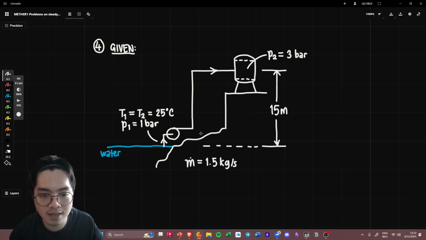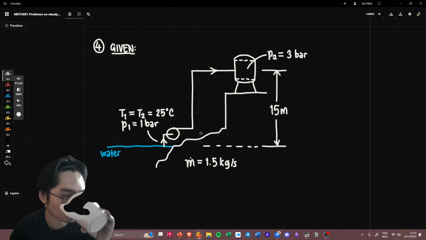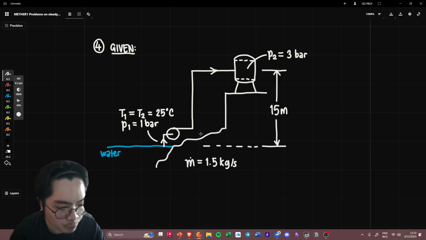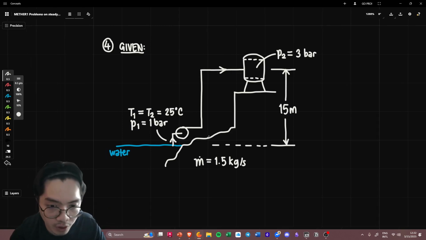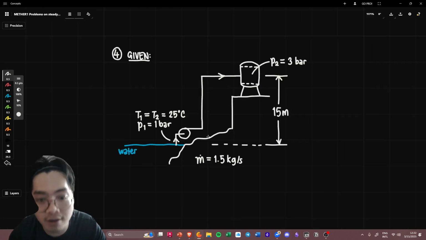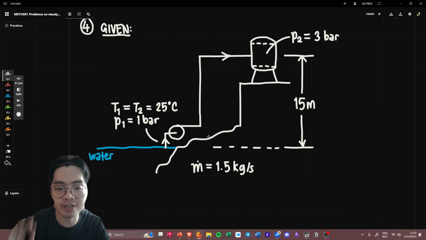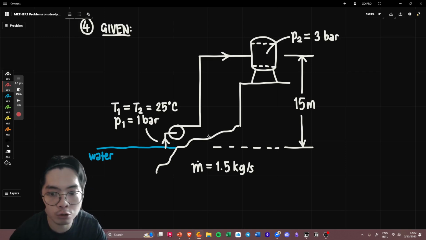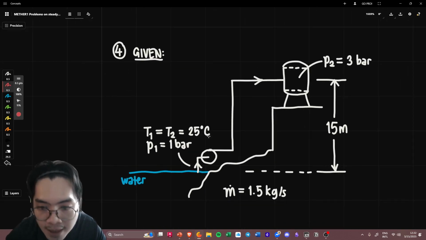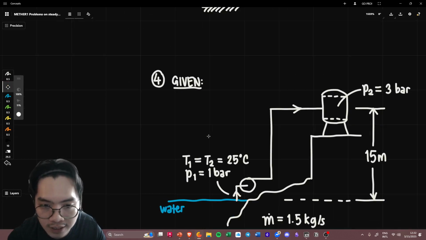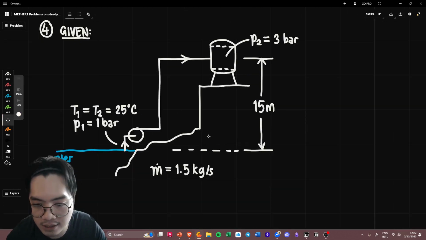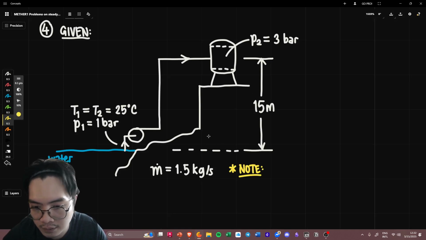And so what happens now is we need to understand this is a pump we are using. Pumps usually are isentropic, but when you're dealing with liquid, you should instead think of this pump as isometric.